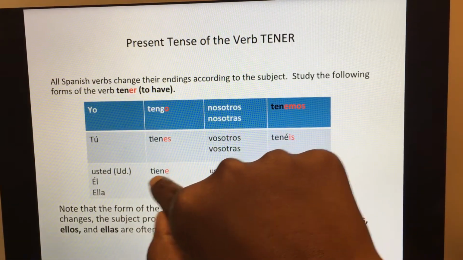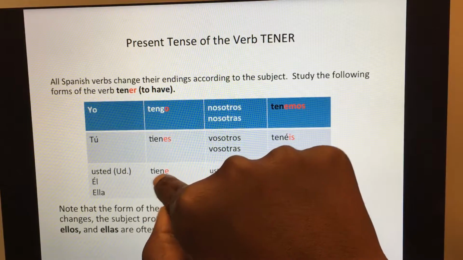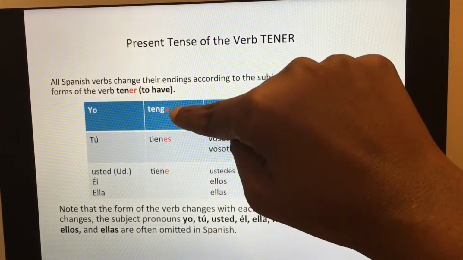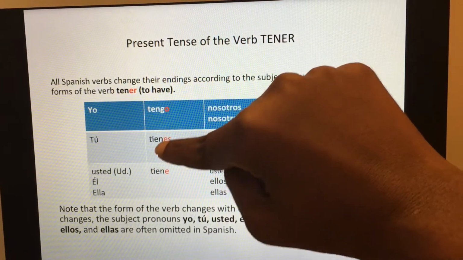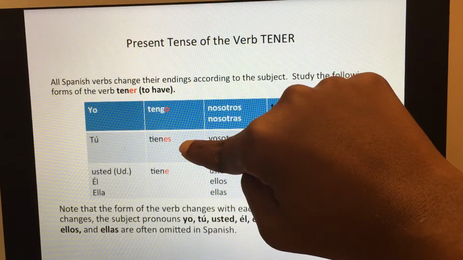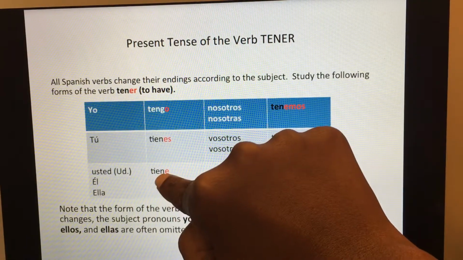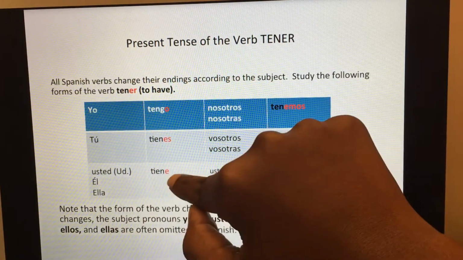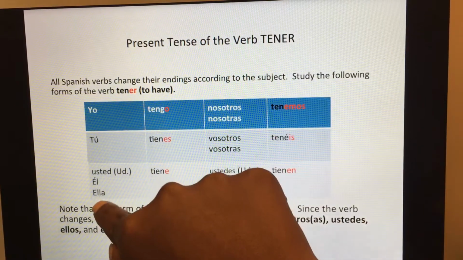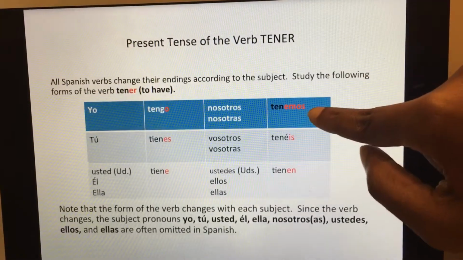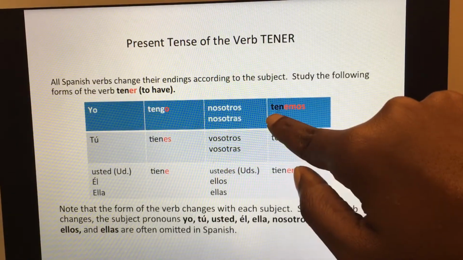Usted tiene, T-I-E-N-E, tiene, you have. So let's go back here. Tengo, I have. Tienes, you have. Tiene, usted tiene, you have. Él tiene, he has. Ella tiene, she has. Tenemos, again, the stem is different.